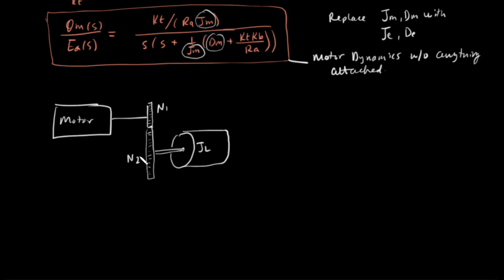This is the number of teeth on the second gear. This is our inertia for our motor, and our damping for the motor that's in there. That's our JM and DM from these equations here. And then we can also have the damping here due to whatever friction is on the output shaft. And we showed before that we can reflect the torque.